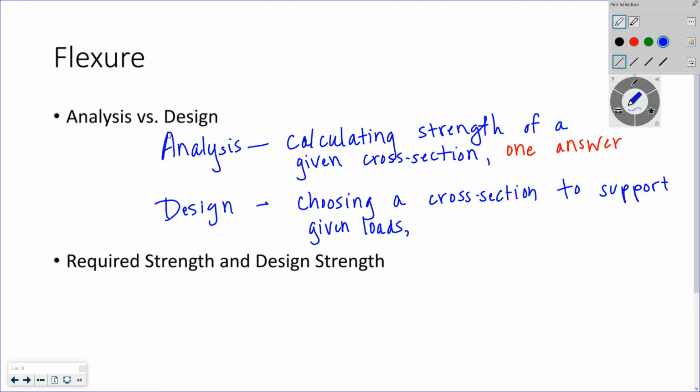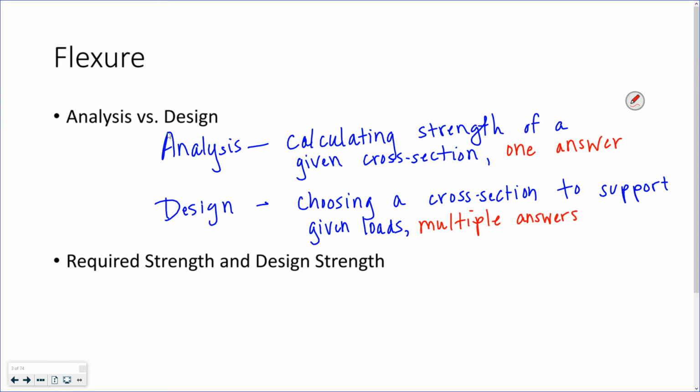And in those terms, there are multiple right answers. So analysis is when we're given something and we have to calculate its strength. Design is when we have to actually choose the section to make sure that it supports a given load. And there's multiple right answers so long as the answer meets the criteria that you give it.